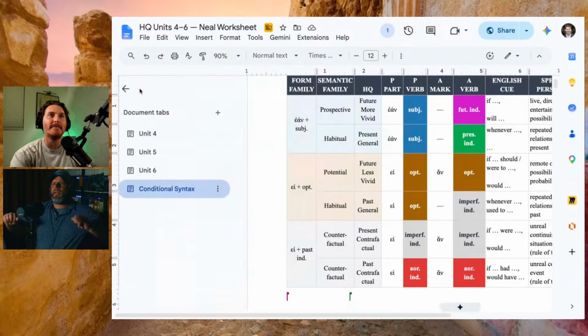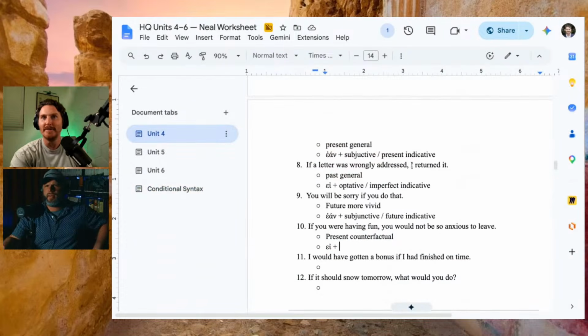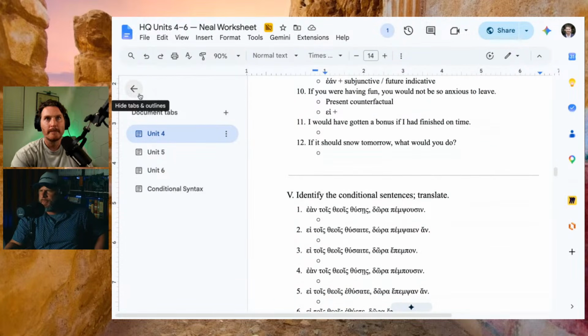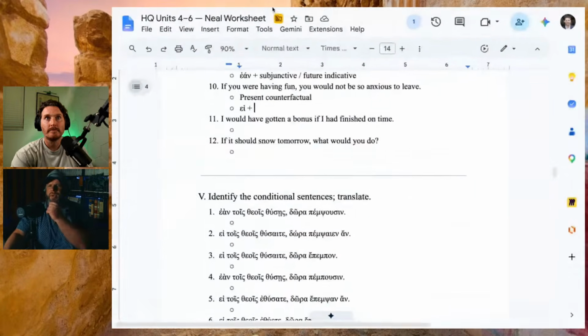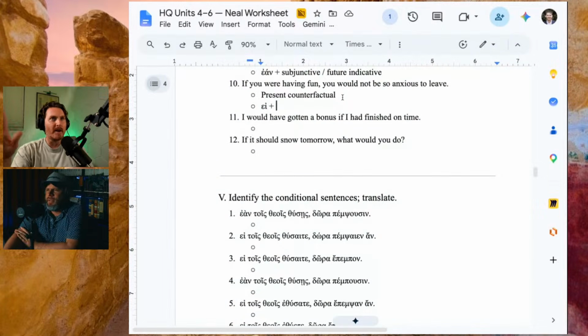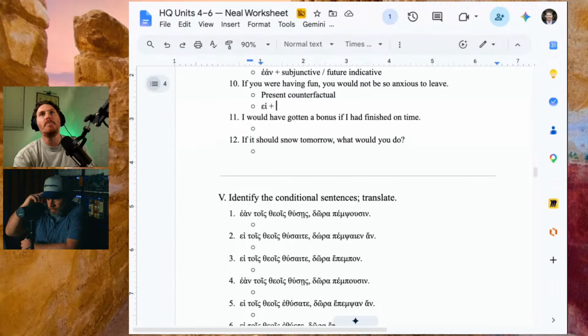Unfortunately this is not simple. A way to know this would be, well, we're still doing this English to Greek. Maybe we can just hold off. Let's just park it there, but just remember that when you see imperfect on both sides of the equation, and then you see an an in that apodosis, you're dealing with the present counterfactual.